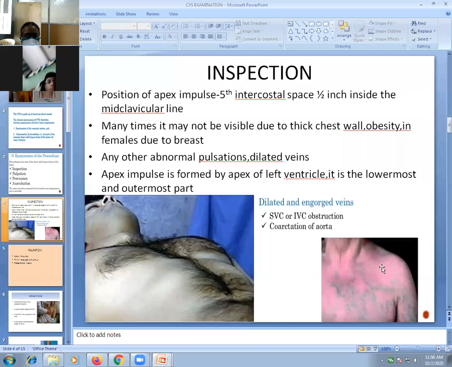They occur because of superior vena cava or inferior vena cava obstruction. So note the position of the apex impulse, any abnormal pulsations, and any dilated engorged veins over the precordium. That is inspection.